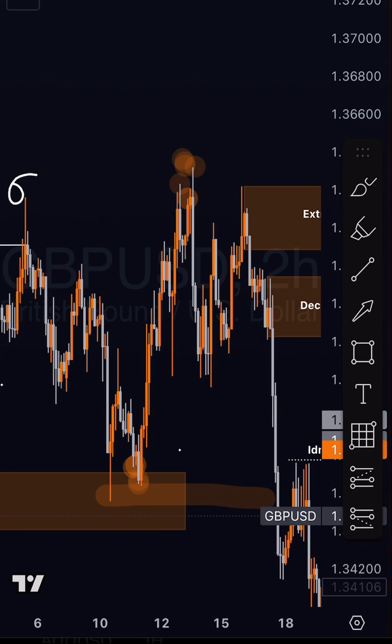Now, most of us traders, what we go wrong is that we think we know what the market is going to do next. We don't, guys. And that's not in your control. It's not like you don't know how to analyze the markets. You just don't know what's going to happen in the market.